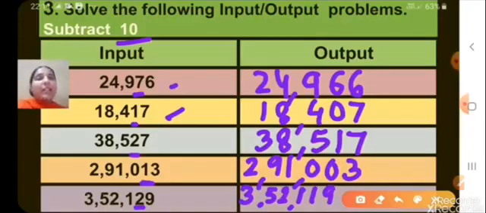You can subtract 10 manually as well, and you have to subtract manually when the digit at the tens place is 0, because in that case you may have to borrow. Okay, but here all the numbers were either equal to 1 or more than 1. That's why we did it like this.